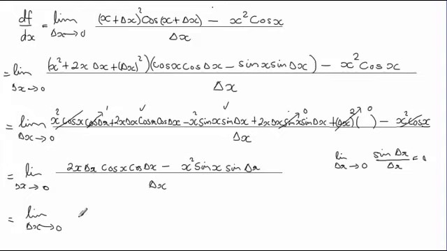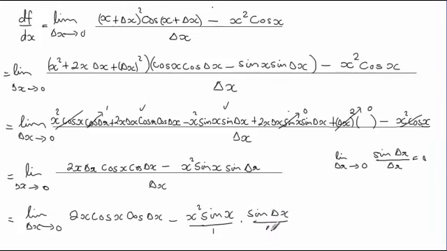After simplifying this and that, you get 2x cosine x cos delta x minus x squared sine x, all multiplied by sine delta x over delta x, and you put this in brackets.